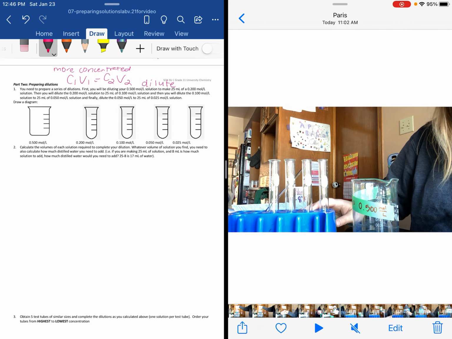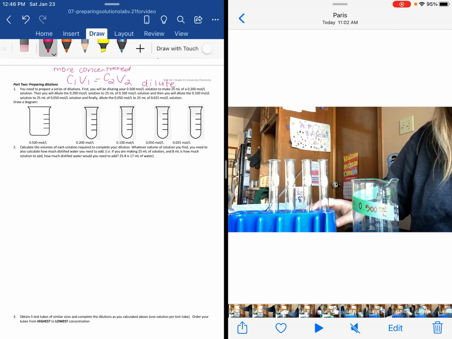So as much as you don't necessarily usually make a series of dilutions like this, doing this kind of dilution is a common thing. So what you'll find is if you continue in chemistry, sometimes you have to do these kinds of calculations, and you wouldn't even have started the lab that's pertinent to your topic yet. So maybe you have a concentrated solution and you need to make a variety of less concentrated or more dilute solutions in order to do your lab.